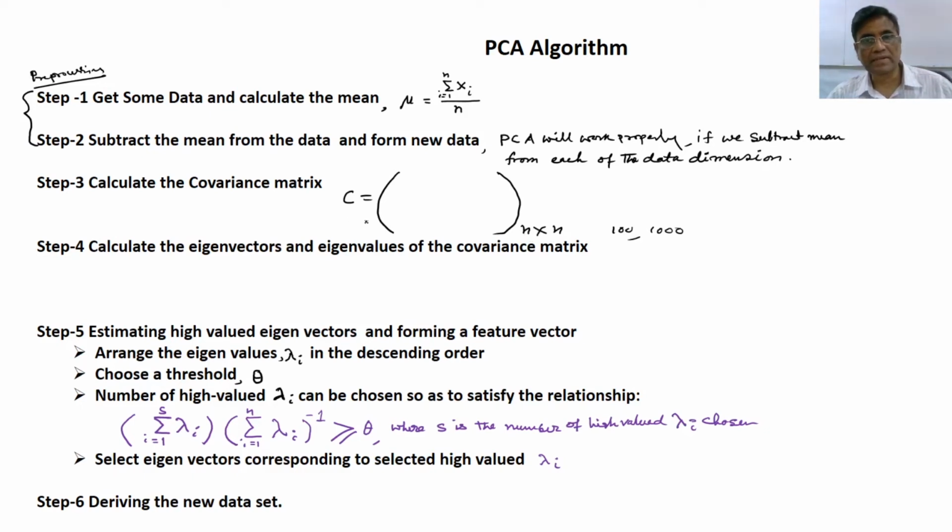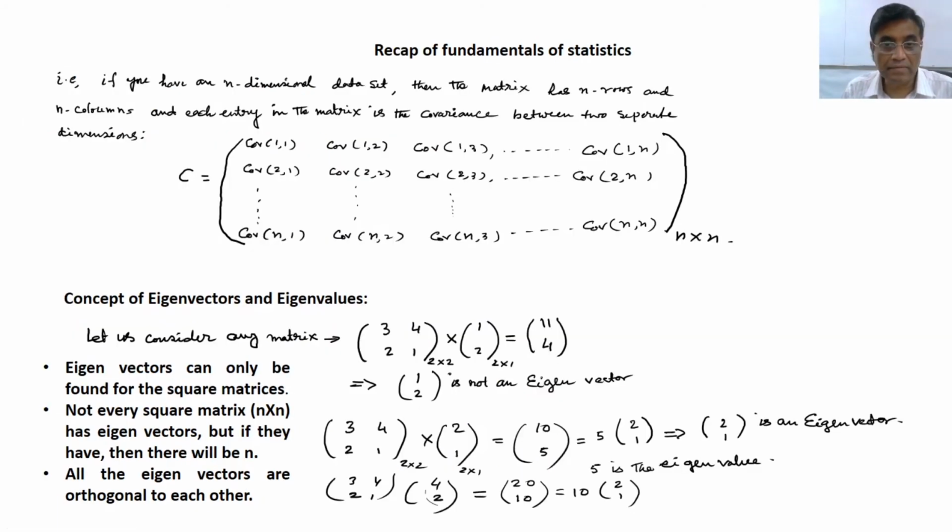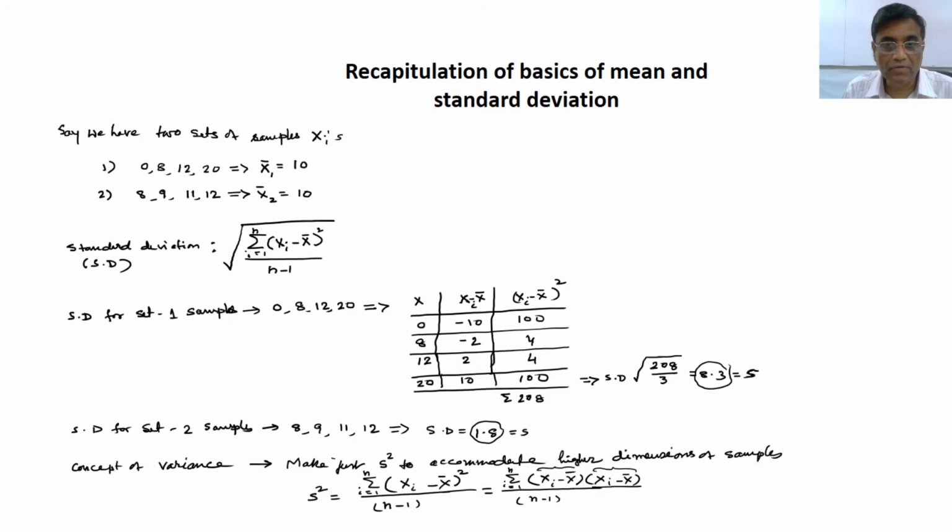Given the data, you can calculate it from each dimension. This element will be covariance 1,1, this covariance 1,2. So it will be a huge computation, but it is a very simple formula, you know, covariance. So you need to calculate this.